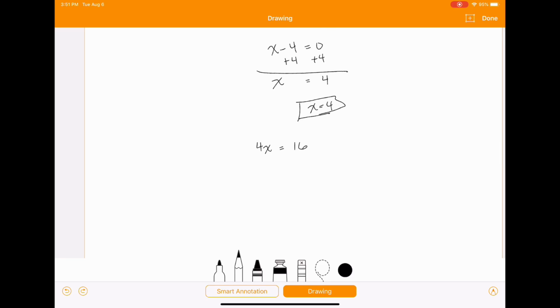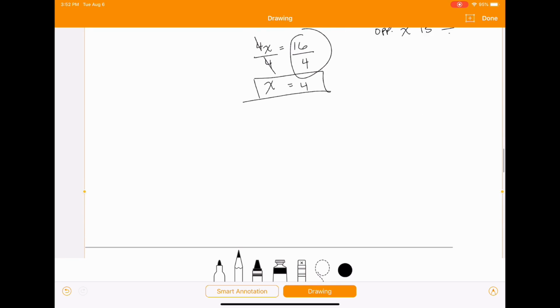So the opposite of multiplication is division. So we can go ahead and divide both sides by 4. These 4s are going to cancel. You'll be left with x on this side and then 16 divided by 4 on this side, which is 4. So again, x is going to equal 4 in this case.